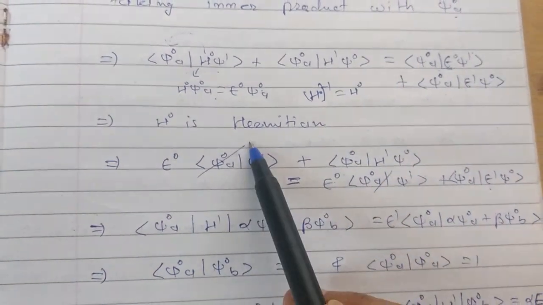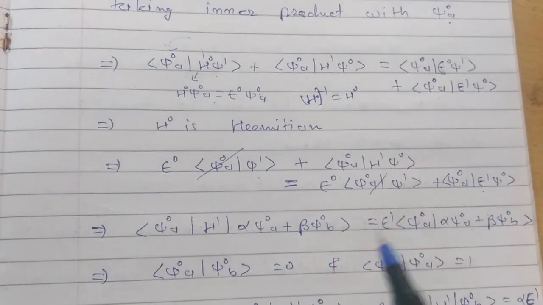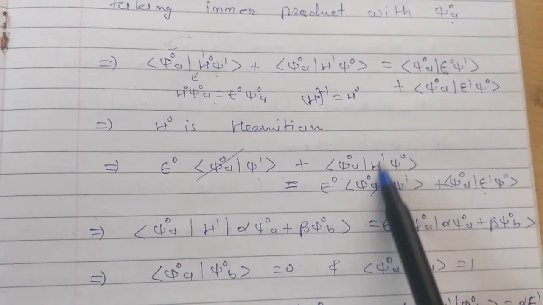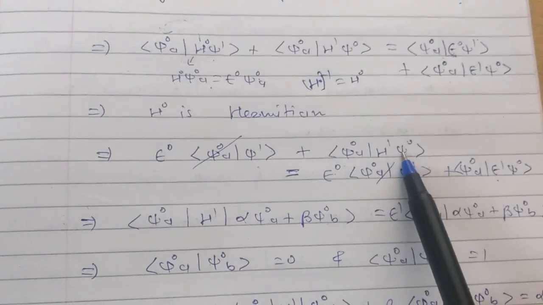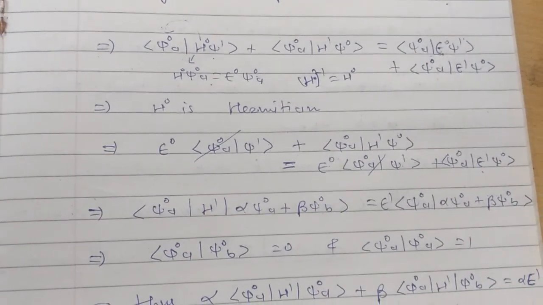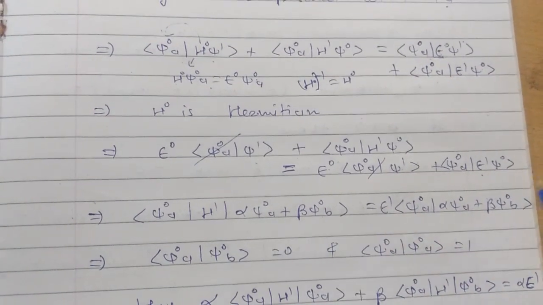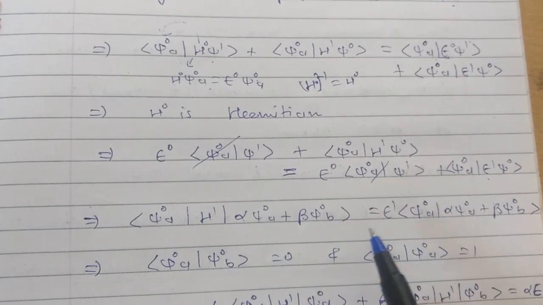These two quantities will cancel out, and here in psi naught of A H1, we can write psi naught as the linear combination of the two different states, psi naught of A and psi naught of B, as alpha psi naught A plus beta psi naught B.